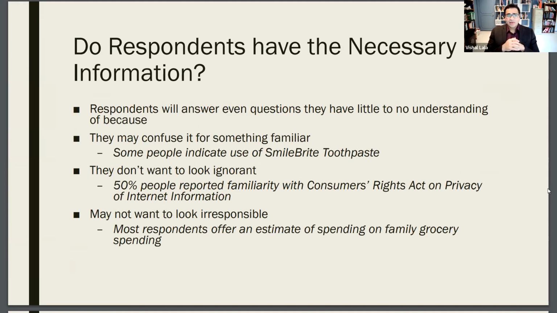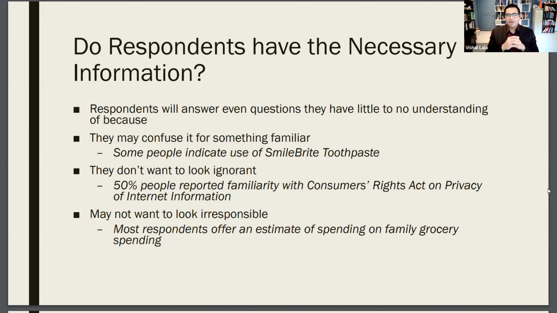The other thing to be concerned about is that the respondents may not have all the necessary information to answer the question. It turns out respondents will answer questions even when they have little or no understanding of it, because sometimes they feel it might be something familiar and respond anyway.